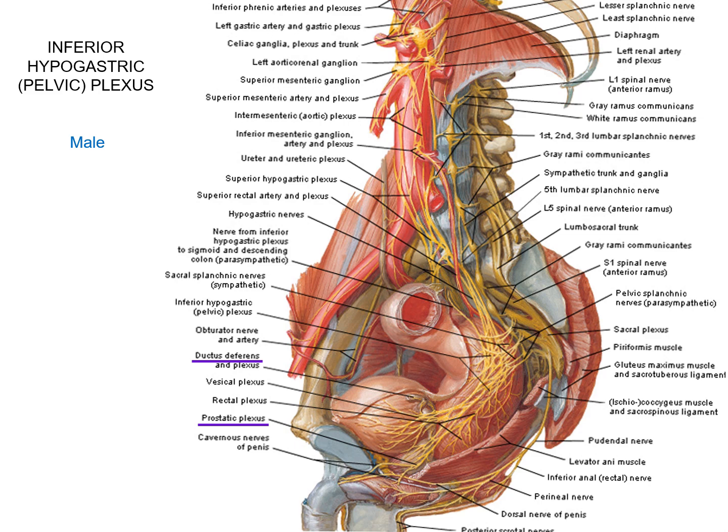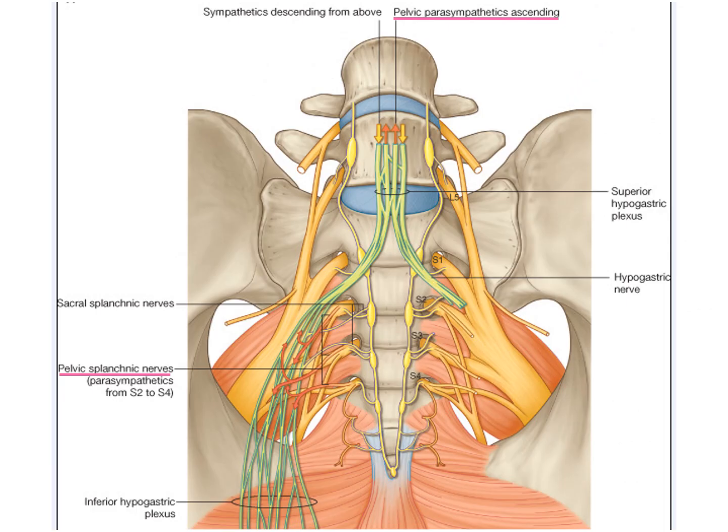Terminal branches of the inferior hypogastric plexus penetrate and pass through the deep perineal pouch and innervate erectile tissues of the penis and clitoris in the perineum. The pelvic splanchnic nerves carry parasympathetic fibers to the inferior hypogastric plexus.